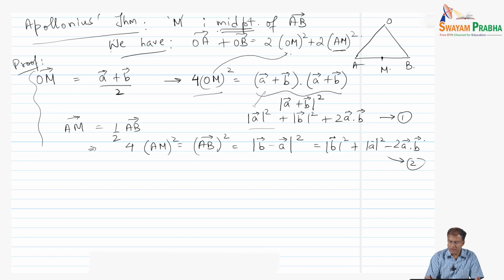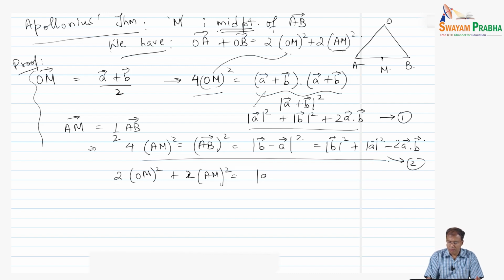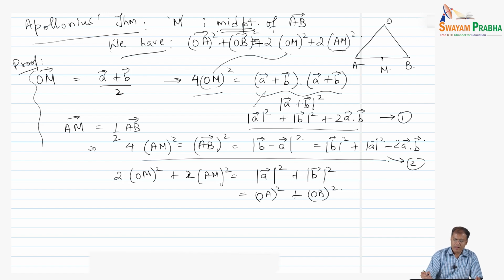If we add these two results, we are going to get our result, that 2 times OM square plus 2 times AM square is going to give us the magnitude of A square plus the magnitude of B square, which is nothing but OA square plus OB square, right?